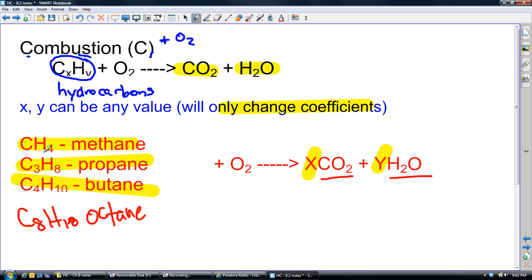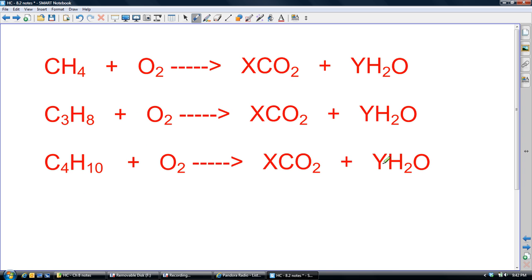Obviously, if we have a chemical with more C's and more H's, we're going to make more carbon dioxide and more water. And that's it. So it's really easy to remember what the products are. What takes you a little bit of time is the counting, or the balancing of the atoms.